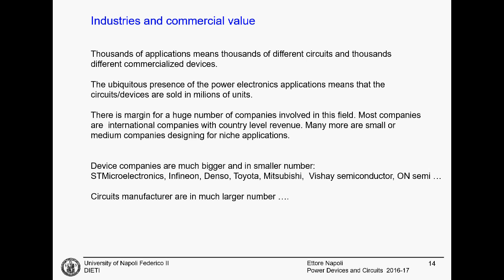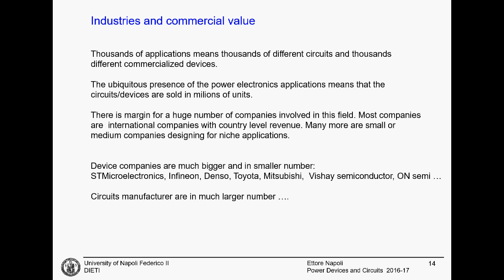You need to design a particular power circuit for this notebook. Another notebook will need a different one, even if the CPU is the same. There are a lot of international companies with high revenue, but there are many more small or medium companies that work in the field.